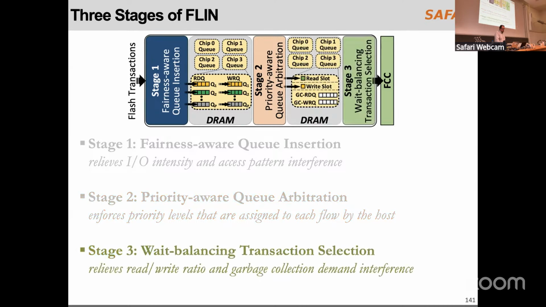And at stage 3, we do wear balancing of transactions, mostly related to the read-write ratio and garbage collection, where we balance how much latency we cause for the write operations. If you keep scheduling read operations, you make the application with a lot of writes stall. So at some point you need to schedule write operations as well.